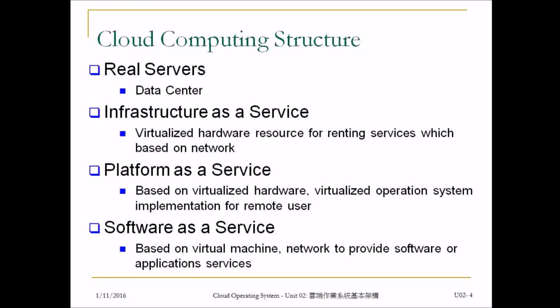So, an on-demand resource is required, including the infrastructure, platform, and software, by the client users. Based on the network, the dynamic service can be provided and used by the remote client user.